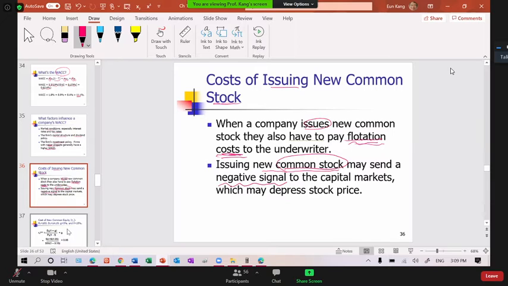So they want to issue stocks to get more money, right? That's why people think that's a negative signal. Rather than borrowing money, they issue stocks because their stock might be overpriced, so they get free additional cash flow.